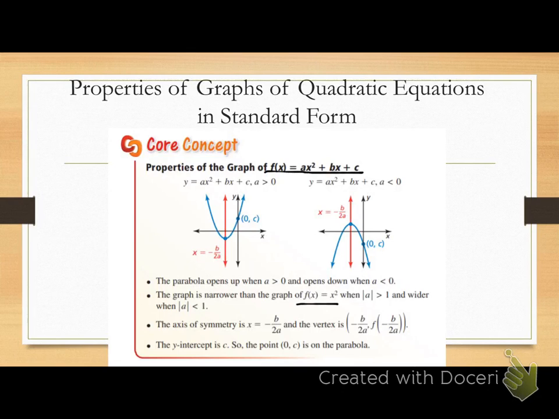And then it's going to be wider than my parent function if it's a fraction, so if it's between 0 and 1. A whole number, it's going to be narrower. A fraction, it's going to be wider.